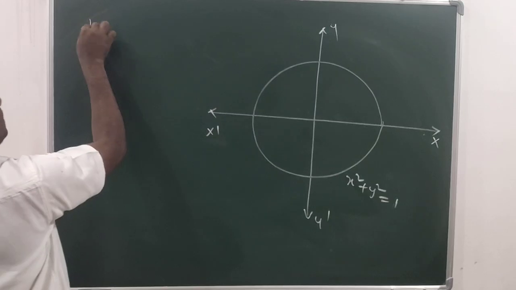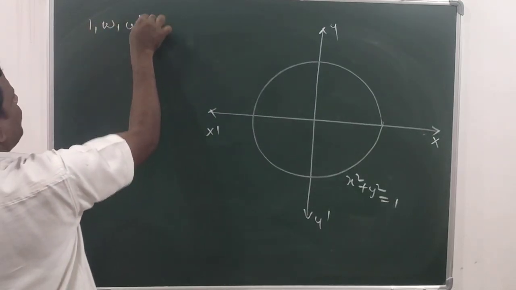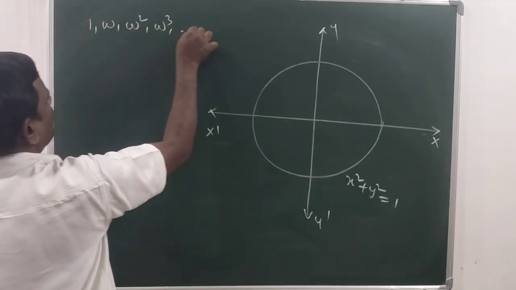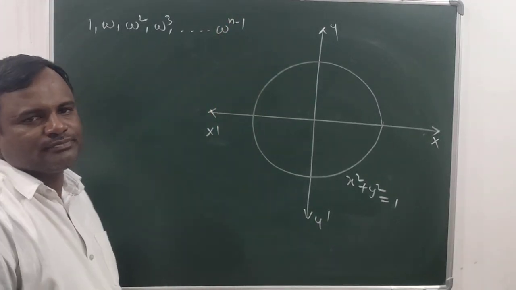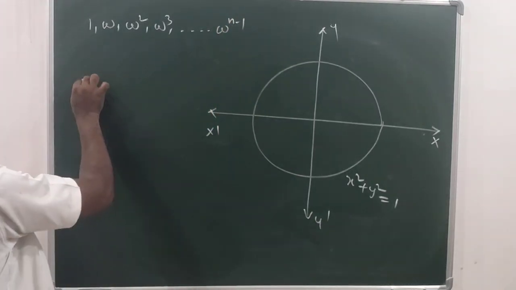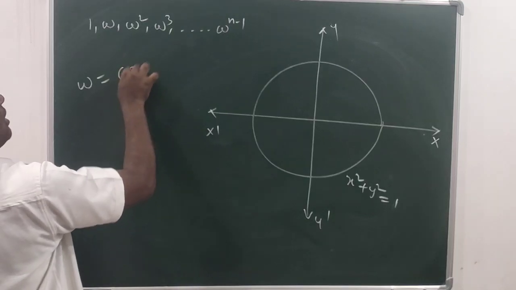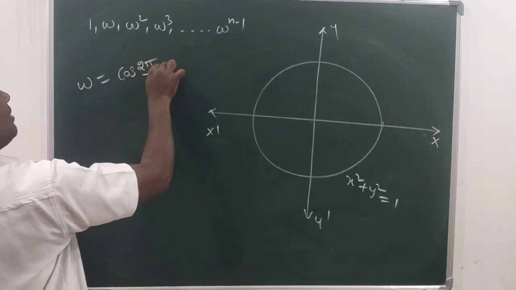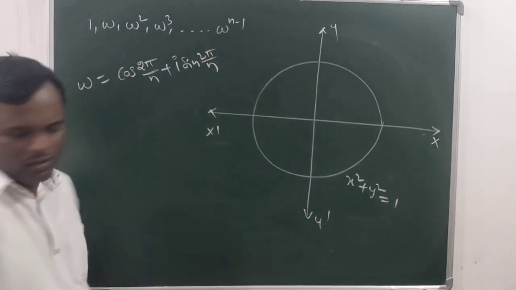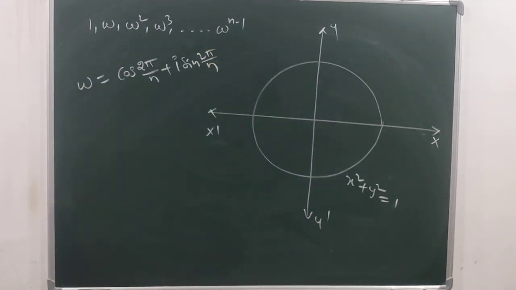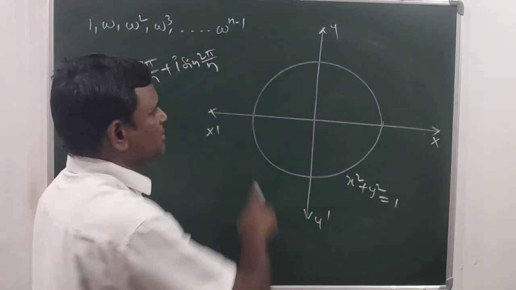So you got the roots like this: 1, omega, omega square, omega cube, and so on, up to omega power n minus 1. What is omega? You are well aware: cos 2 pi by n plus i sin 2 pi by n. Okay students, right? Now plot these roots on this unit circle.